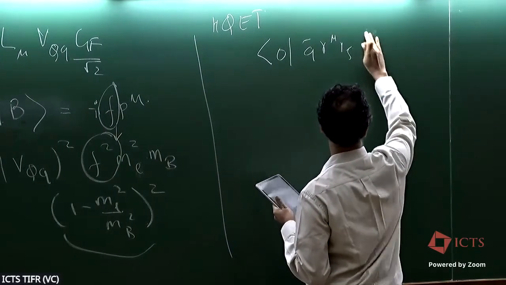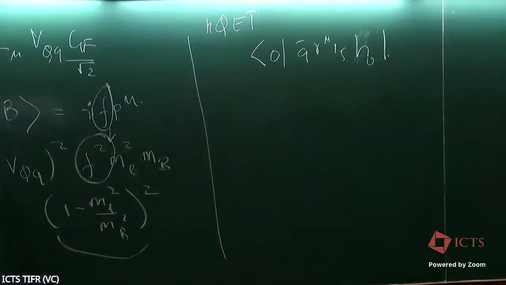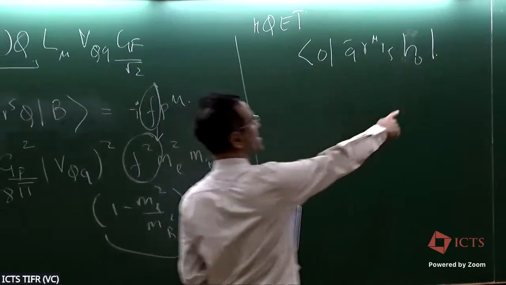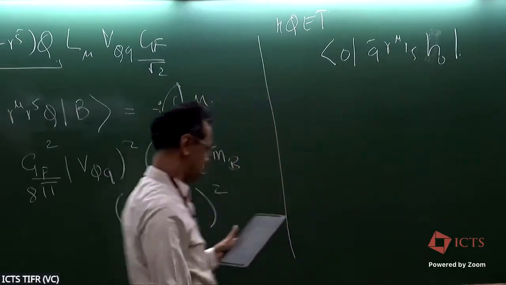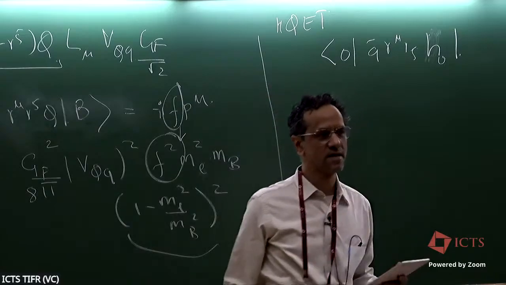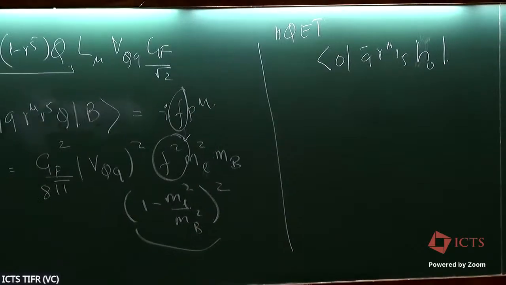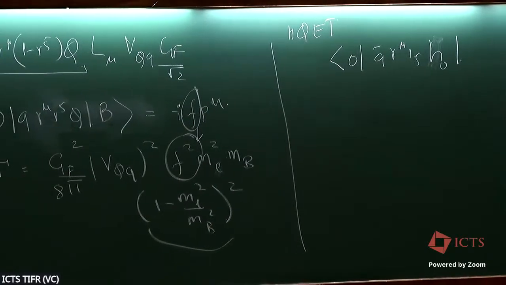So we've been calling this H, so let me call this HV. So I replace this Q field by my H field that we had introduced before. I'm only considering electronic decay.